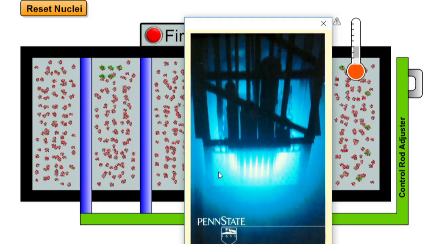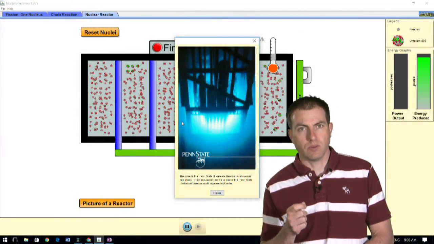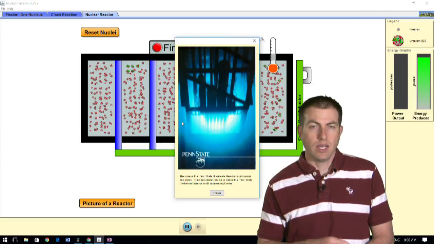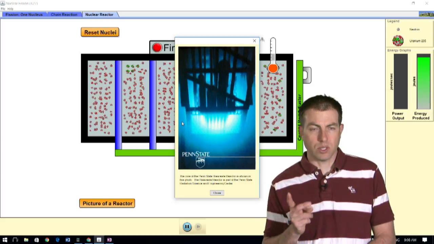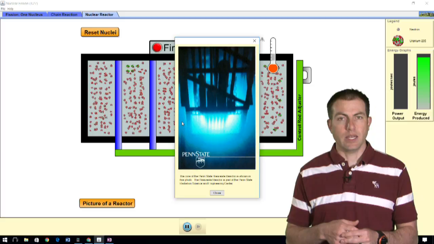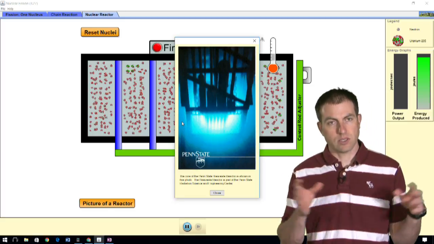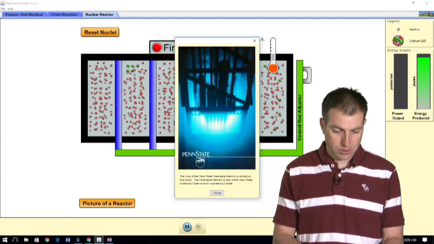This bluish stuff would be some sort of liquid, probably water, but heavy water. Heavy water is H2O, but the hydrogen isotope isn't regular hydrogen with one proton. It's usually deuterium, which has 1 proton and 1 neutron. That is good because it slows down the neutrons, and if the neutrons get going too fast, they won't get absorbed. So that's generally how a nuclear reactor works.